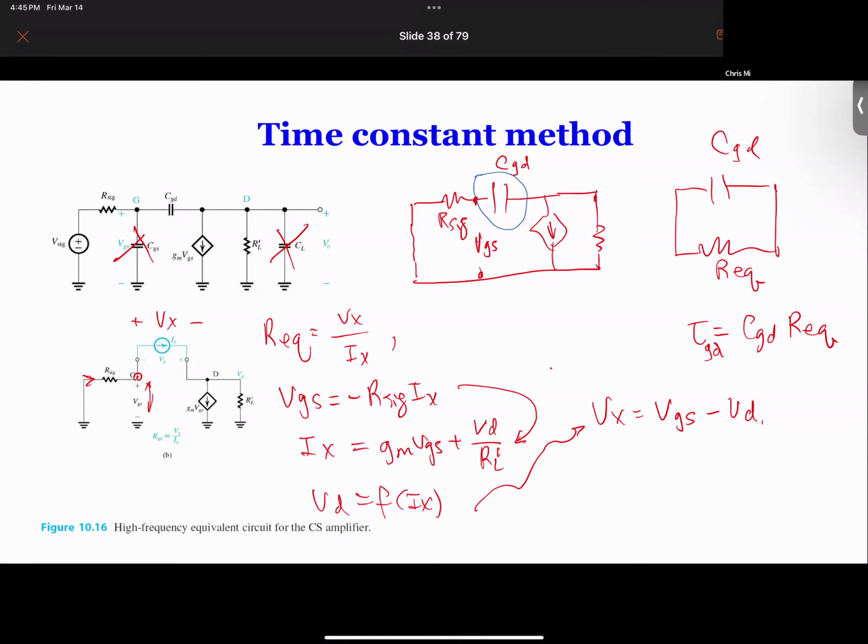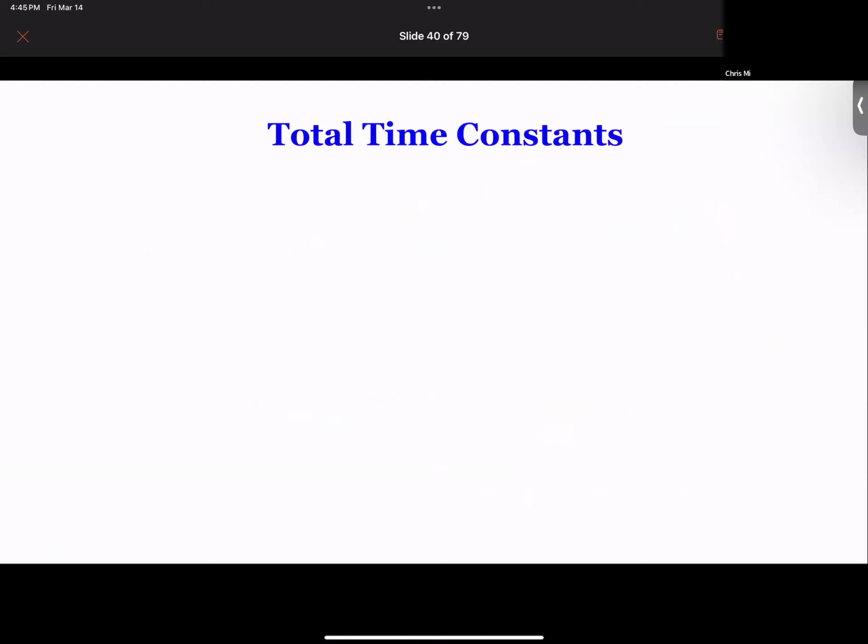So now you can find REQ equal to Vx over Ix, and that final equation, let me write down for you. Again, we're going to skip all the process. It's quite complicated, but I do have the equation here.